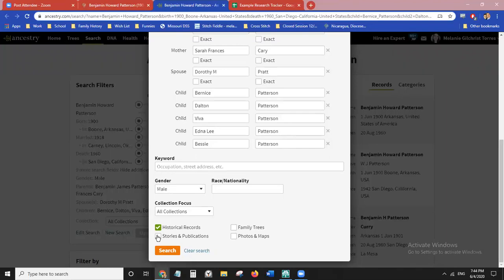But I also like to see stories, family trees, and photos because there are a lot of people doing family history out there, and a lot of them use Ancestry and don't use FamilySearch, and they might have known this person personally. They might have tons of pictures and all sorts of great information, and it's being hidden from me because it's not a record necessarily. So I'm going to click all of those every time I search somebody in Ancestry just so I can see what else is out there.